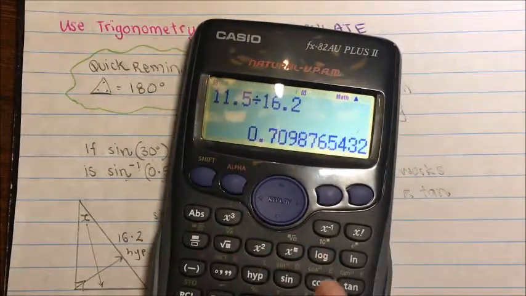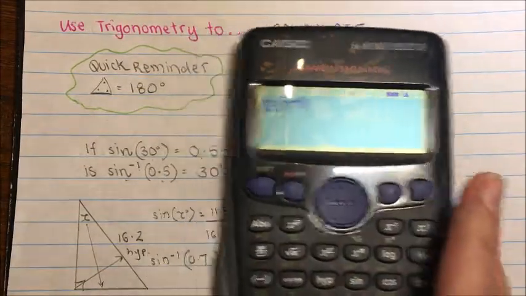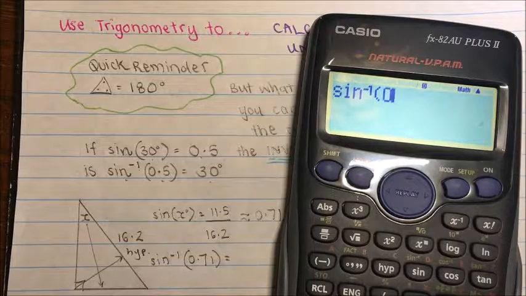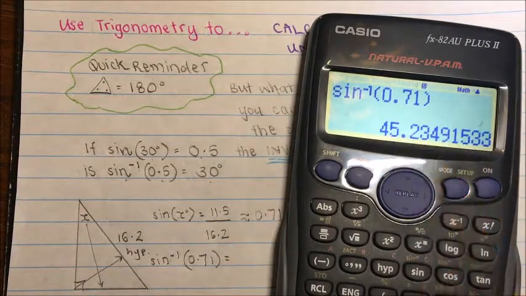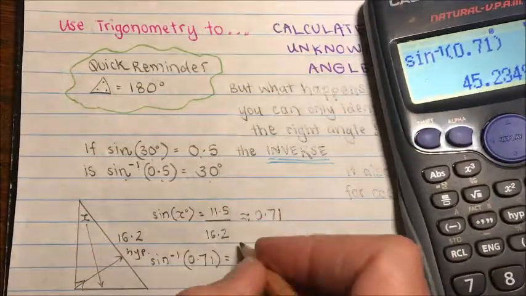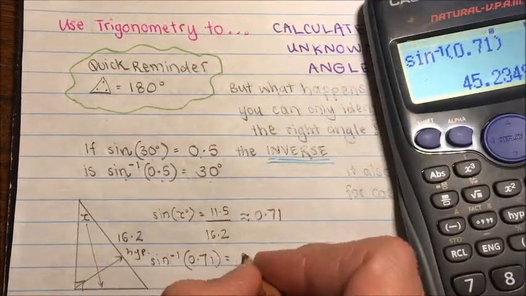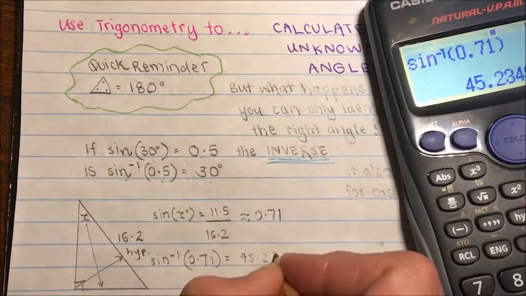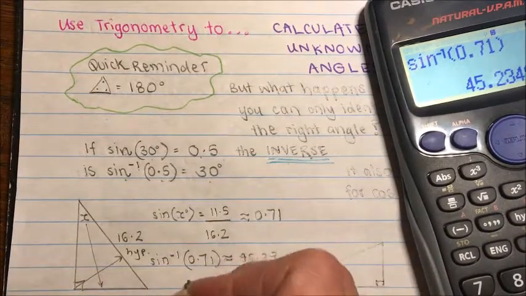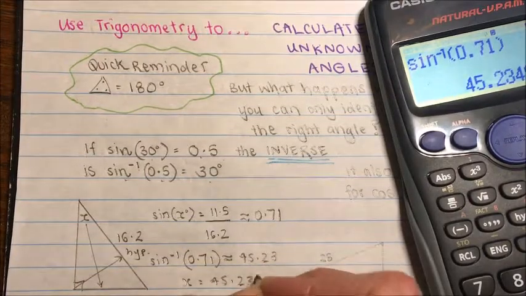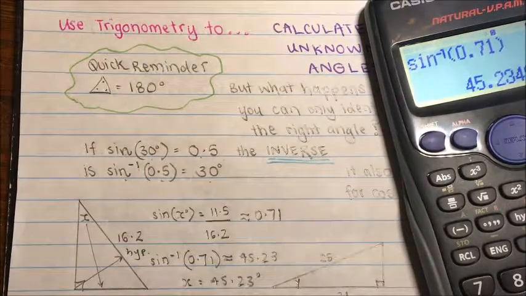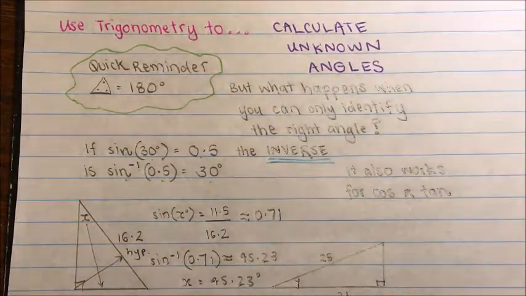So shift sine, the inverse of sine, being 0.71, equals something super close to 45.23 degrees. Therefore, x equals 45.23 degrees. Kind of cool. Hopefully you could see that.